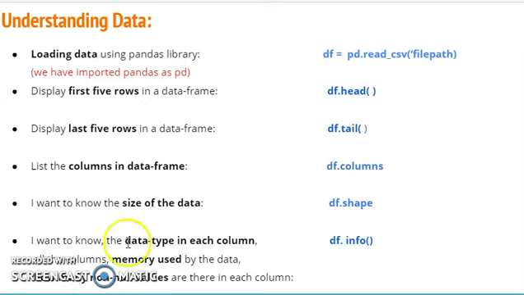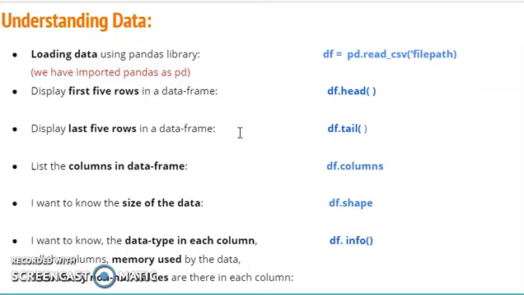Now, understanding data. Before you proceed with the data cleaning part, you need to understand what the data looks like. We are not precisely talking about the distribution; what your data is comprised of, basically.